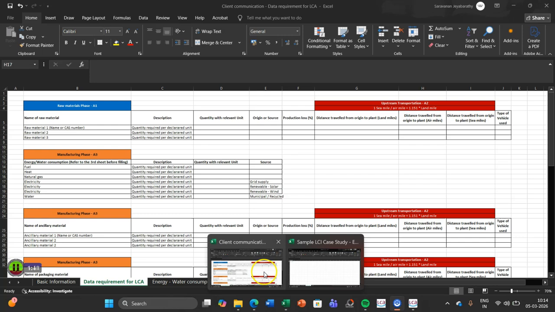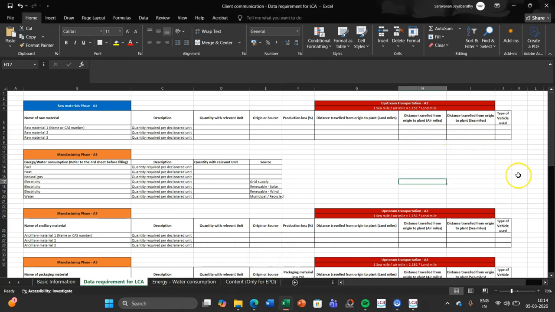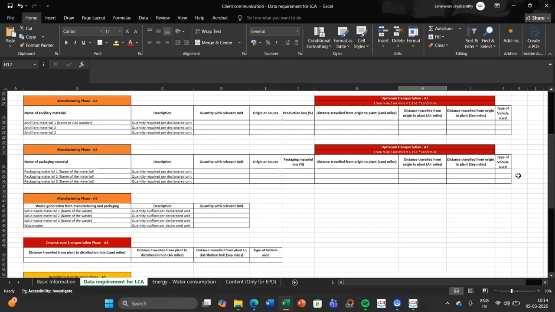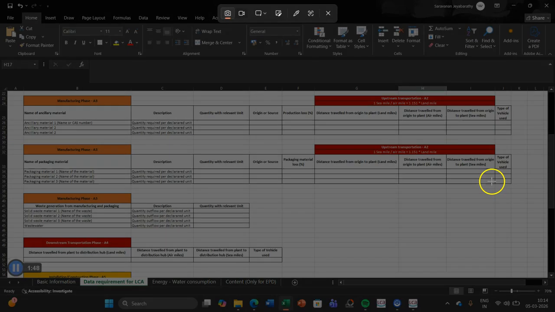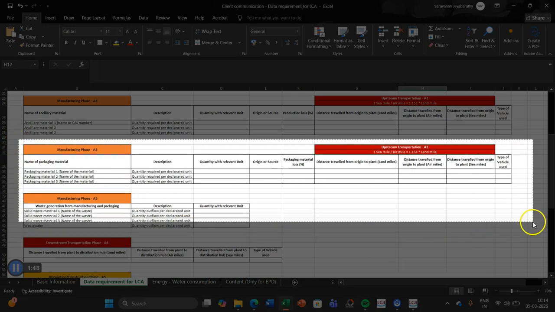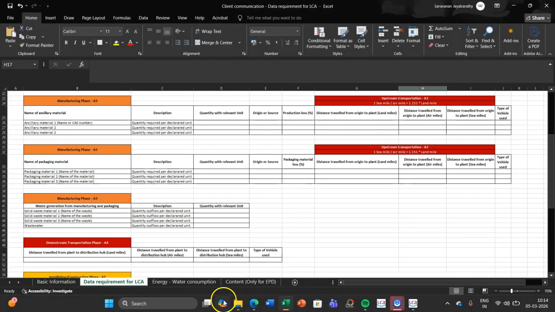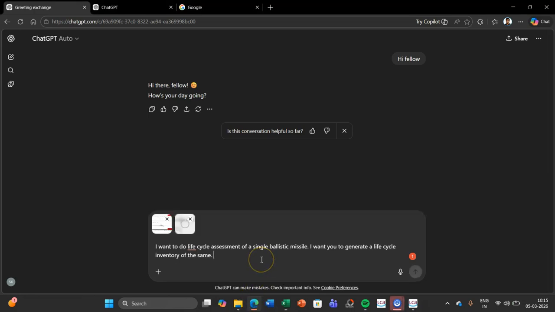Then once we get the result, we may extend our assessment beyond the gate, because in case of a missile, you should know what impact it creates while using the missile, right?